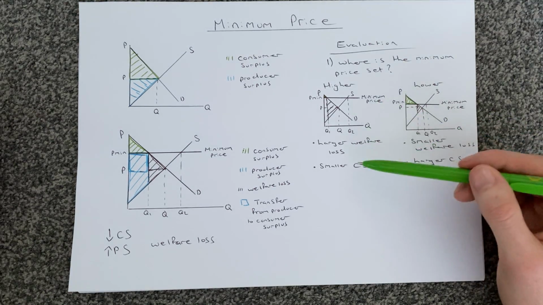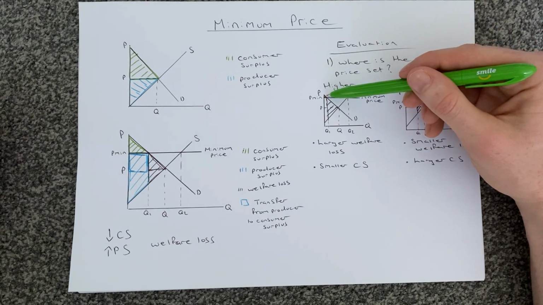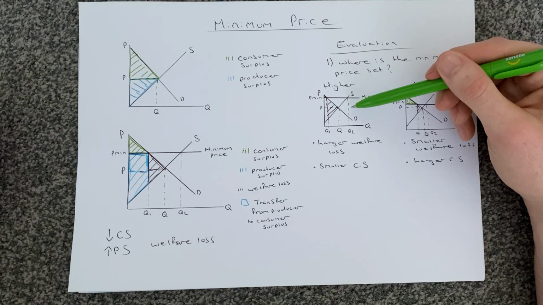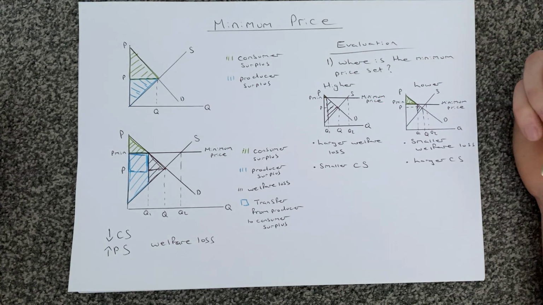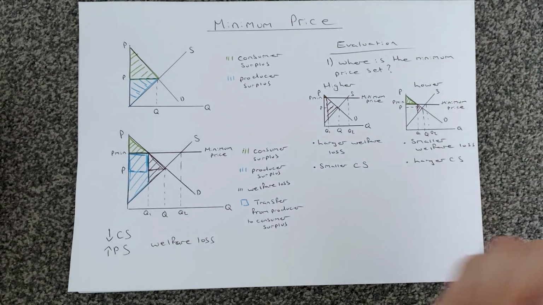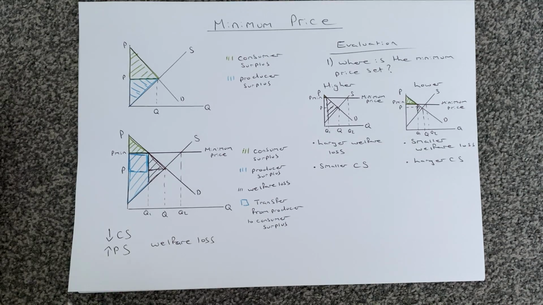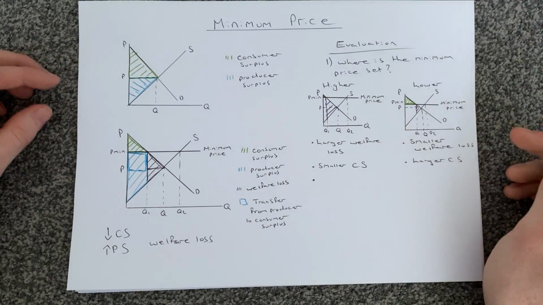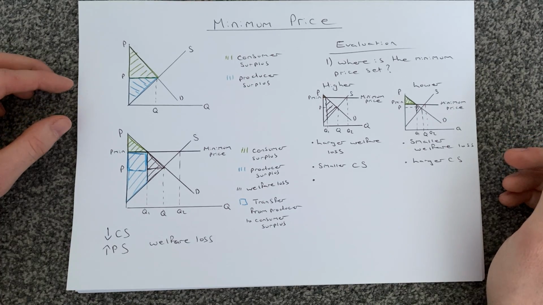Whereas over on here, we can see a very small consumer surplus because the minimum price has been set significantly higher, and therefore there will be a larger reduction in consumer surplus. And then finally, we can consider the impact upon the producer surplus.